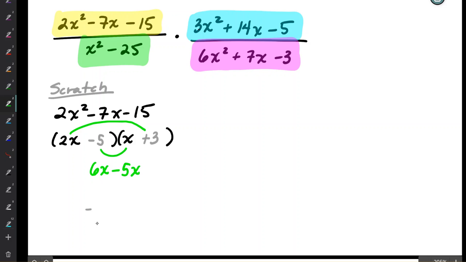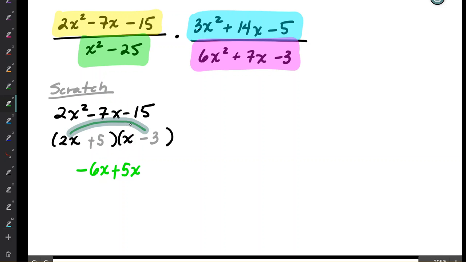When I add those two together, I do not get minus 7. So I know it's not minus 5 and a plus 3. I also know that it's not going to be positive 5 there and a negative 3 here, because then I'd have minus 6x plus 5x when I multiply out. Those like terms do not add up to minus 7x.